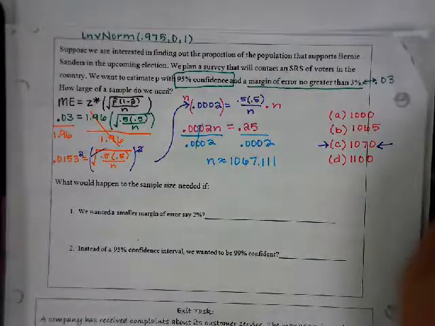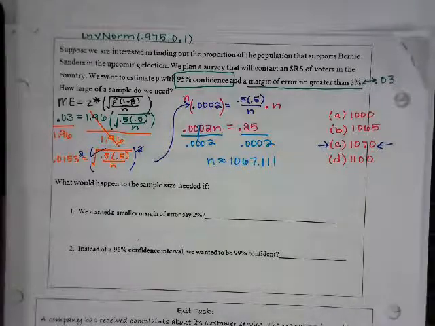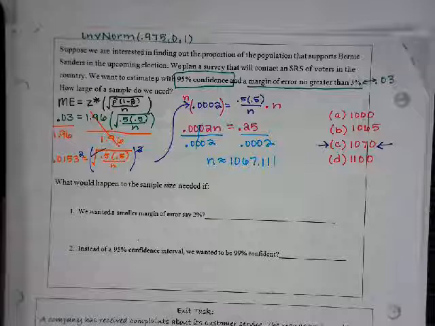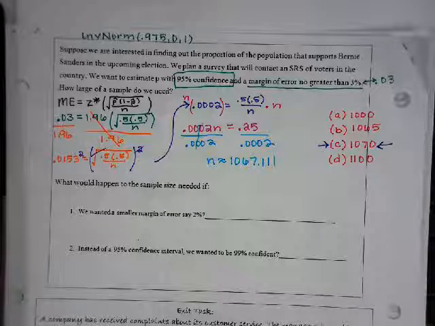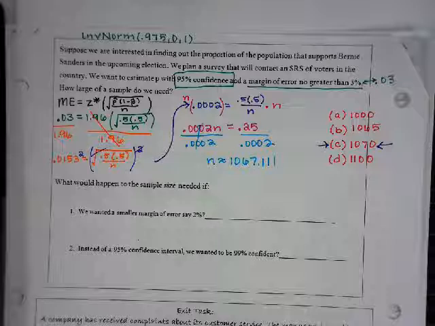Usually you have some sort of decimal. So if it said 1,067 or 1,068, you go with 1,068 as your answer. Because otherwise you're getting rid of decimals and then you have issues.